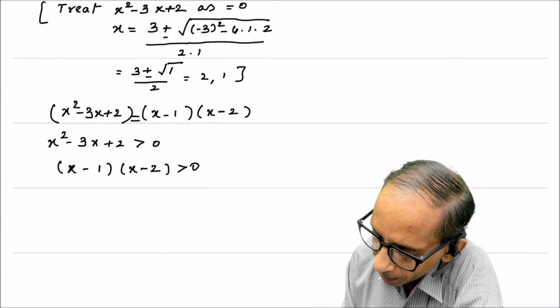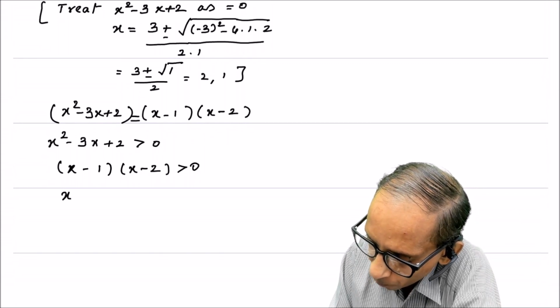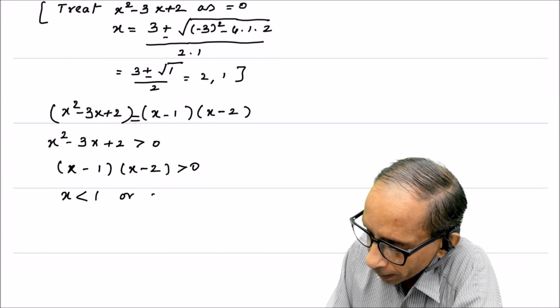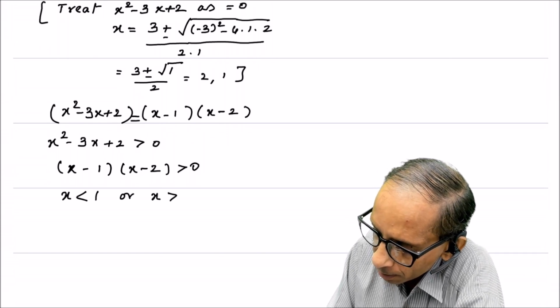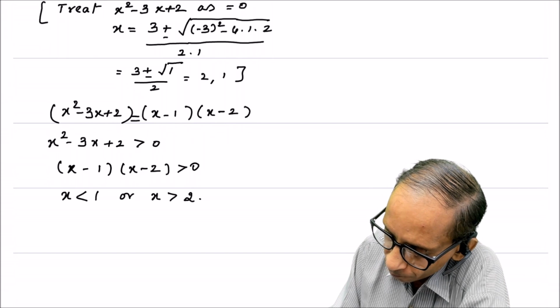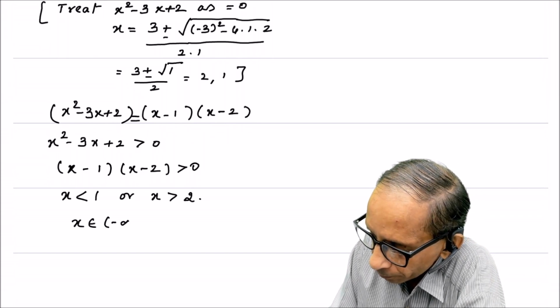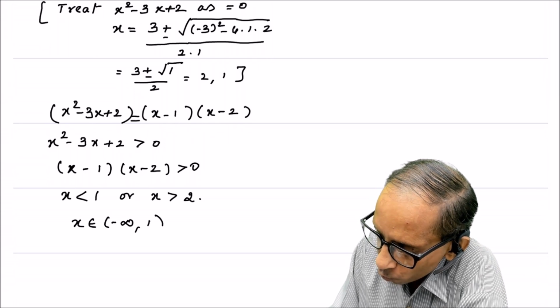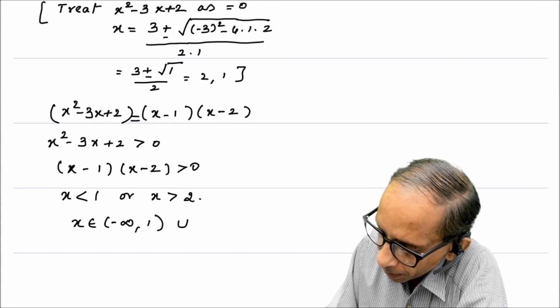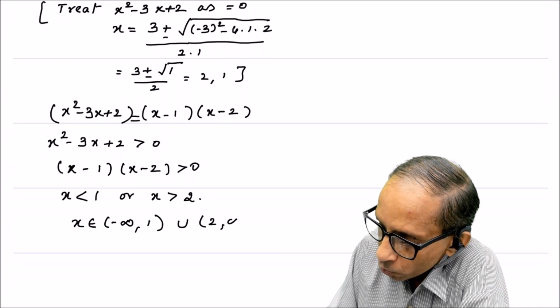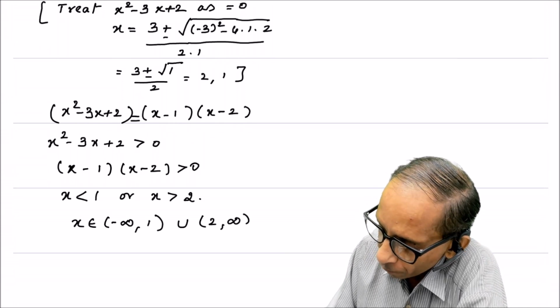So what we find is x should be smaller than the smaller number, or x should be larger than the larger number 2. Or put in another words, x belongs to minus infinity to 1 open union 2 to infinity.